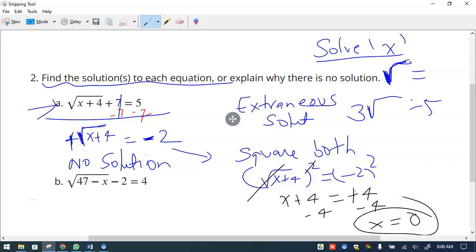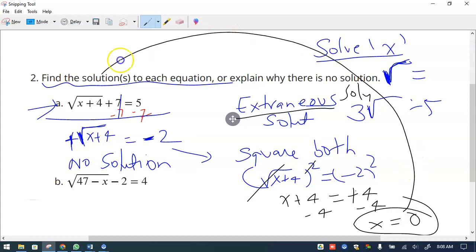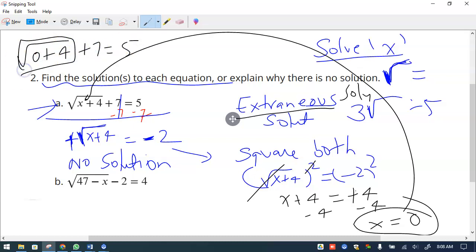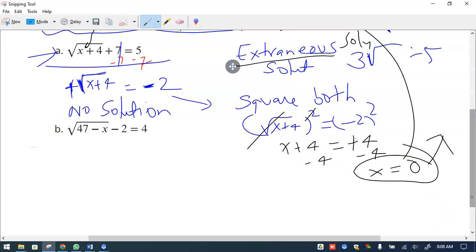That's called an extraneous solution. If you plug this x equal to 0 in, it is the square root of 0 plus 4, plus 7 equals 5. This whole thing is the square root of 4, which is 2, plus 7 is 9, and then you are saying 9 is 5, and this is false. So that's why this is not a solution, even though it looks like it is correct.